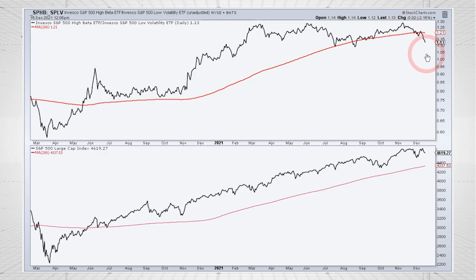And so this is a warning, and if we get bearish signals from 2 of those 3 breadth indicators I showed you, that would mean that we are in a bear market, or at least a correction is in the offing for the S&P 500 and the broader market.